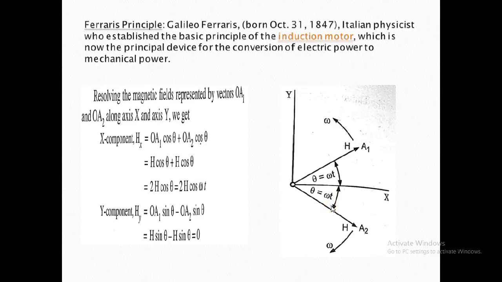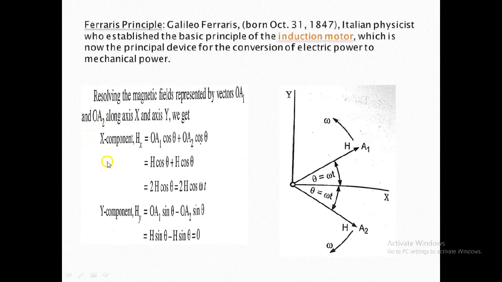Let us assume that OA1 is a backward flux, and OA2 is a forward flux. Okay, now we resolve the components of OA1 and OA2. One component of OA1 comes along the x axis and another component comes along the y axis. Similarly for the components of OA2.